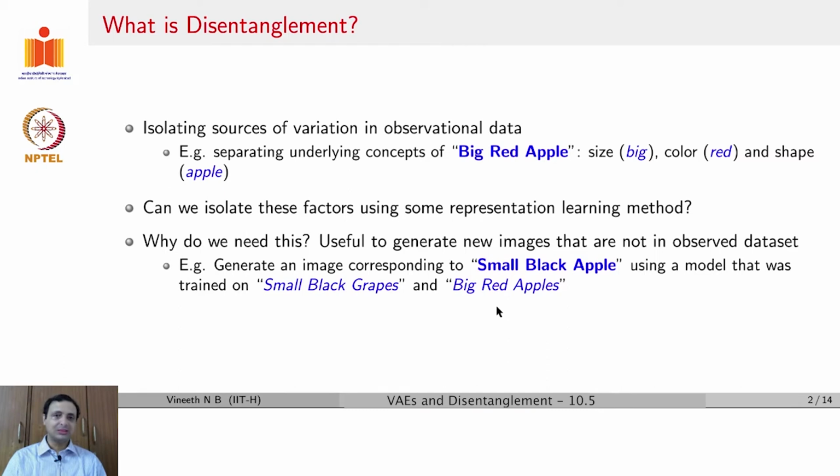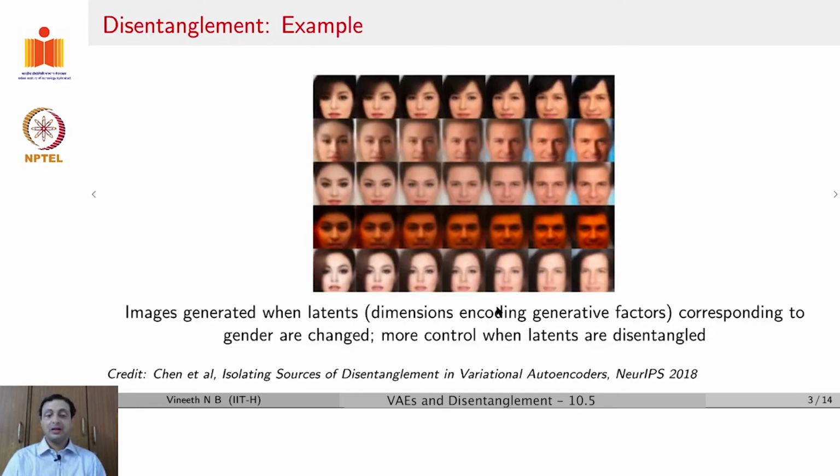You would be able to do this reliably only if the latent variables in your generative model isolate these components of images. Here is an example of face images. In this case, the latent variables could correspond to gender, age, hair, and perhaps the race, and so forth.